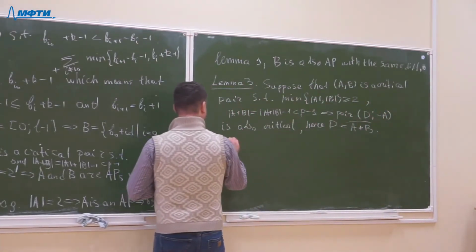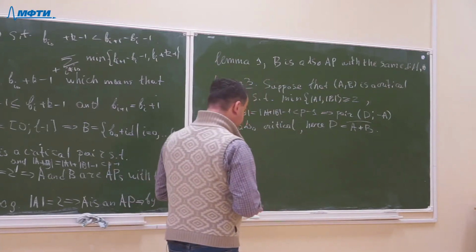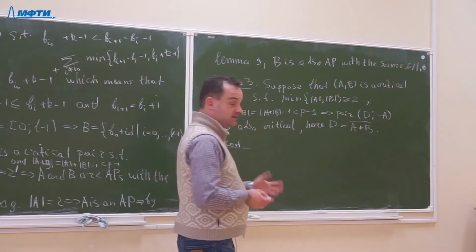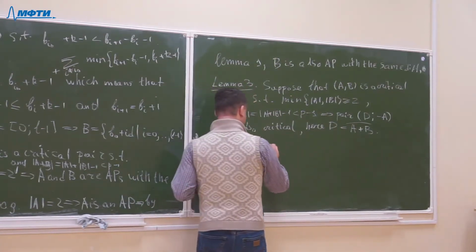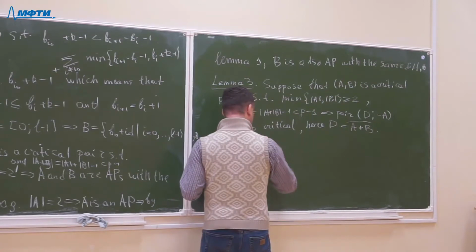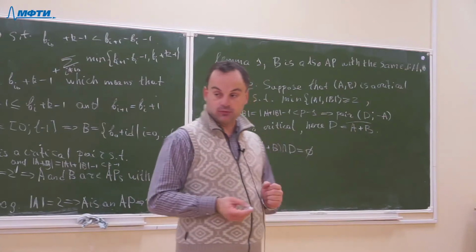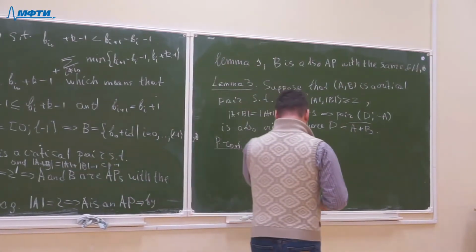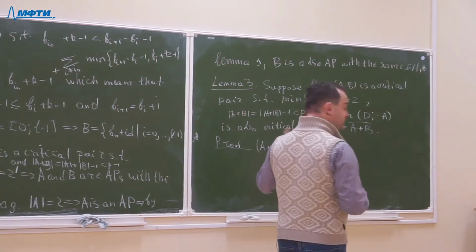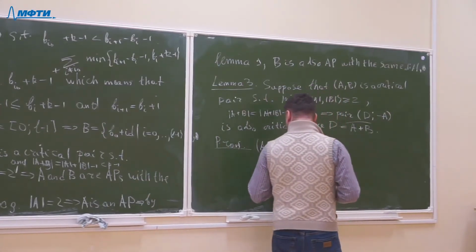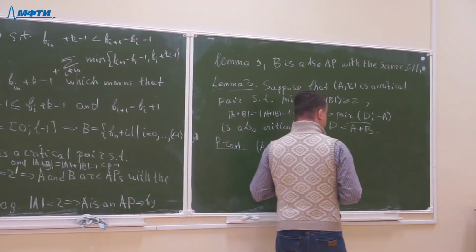Well, proof. First, A plus B and D are non-intersecting, right? What does this mean?